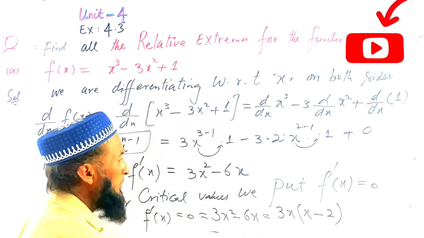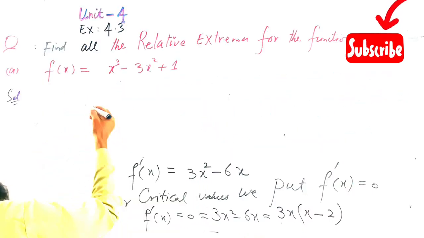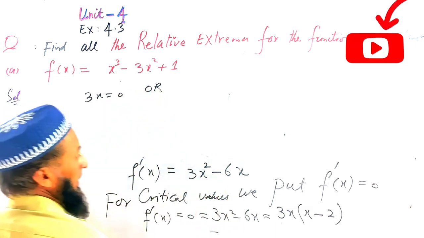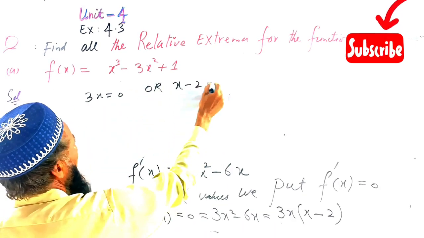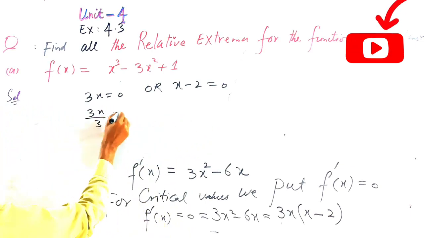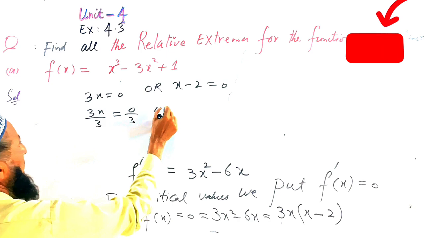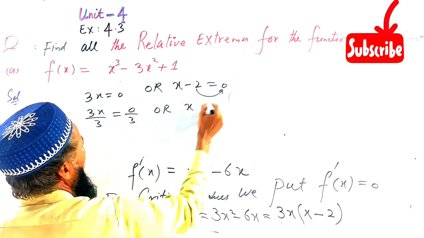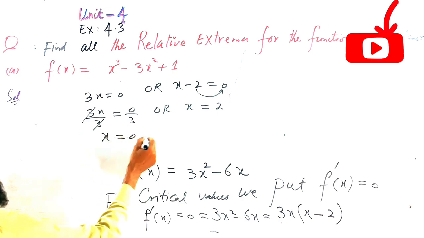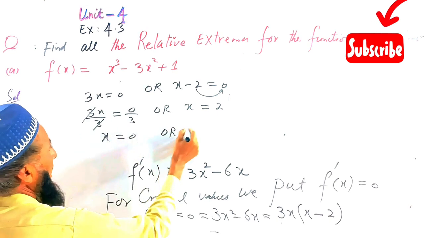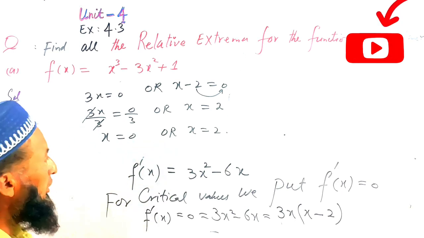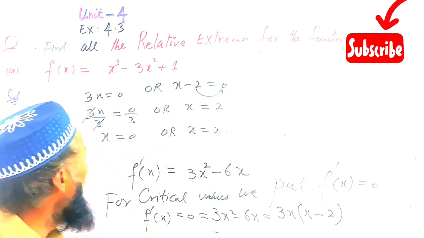So 3x is equal to 0 or x minus 2 is equal to 0. Dividing both sides by 3, the result will be x is equal to 0, and x is equal to 2. So the critical points are x is equal to 0 and x is equal to 2.